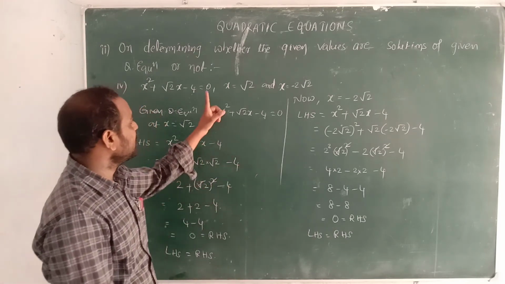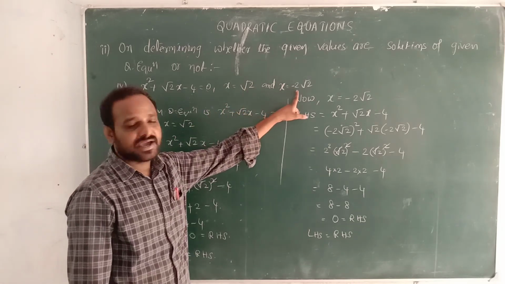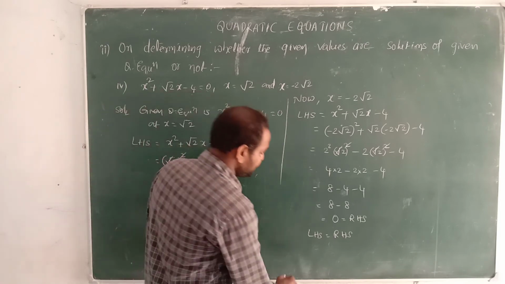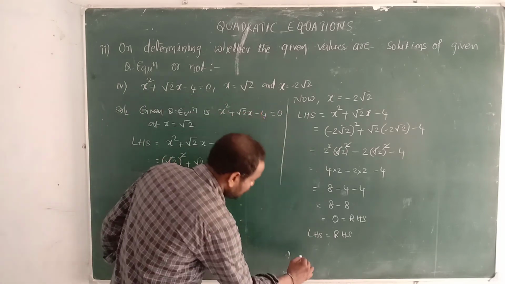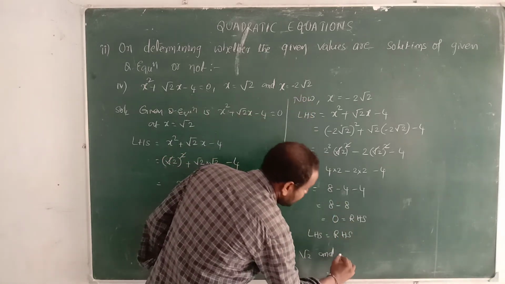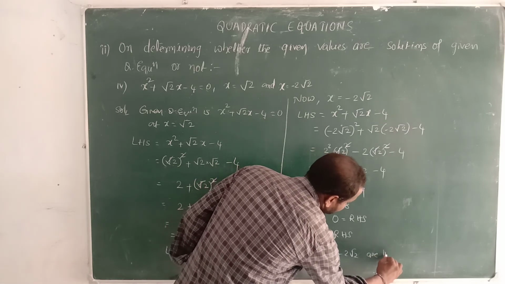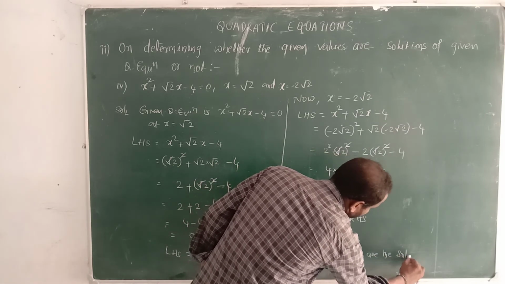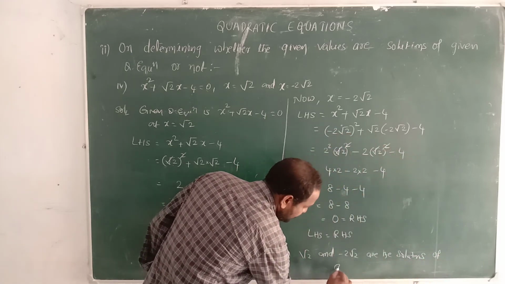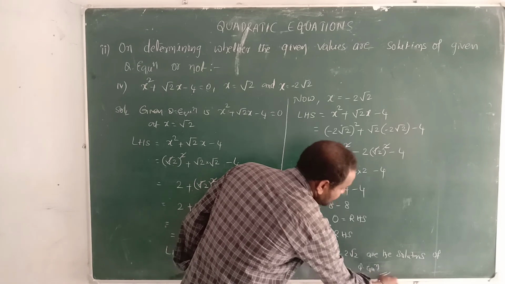So here what are the values of x as given? First one is root 2 and the other one is minus 2 root 2. So what is the conclusion? Therefore, root 2 and minus 2 root 2 are the solutions of the given quadratic equation.